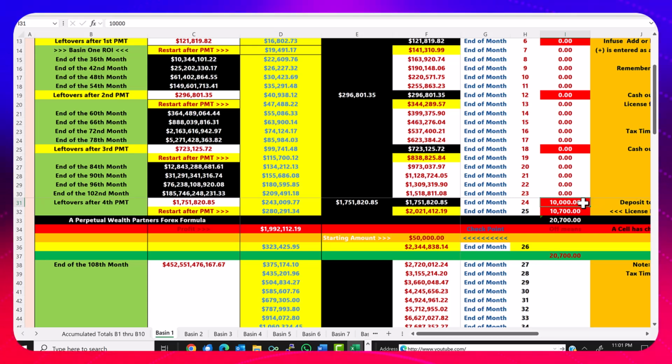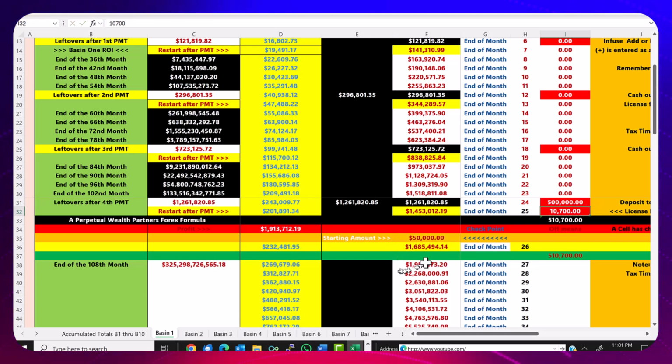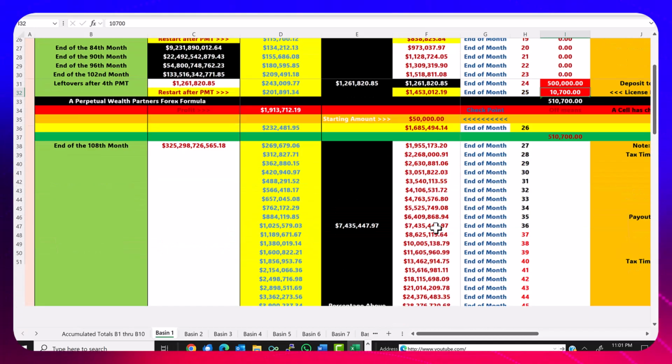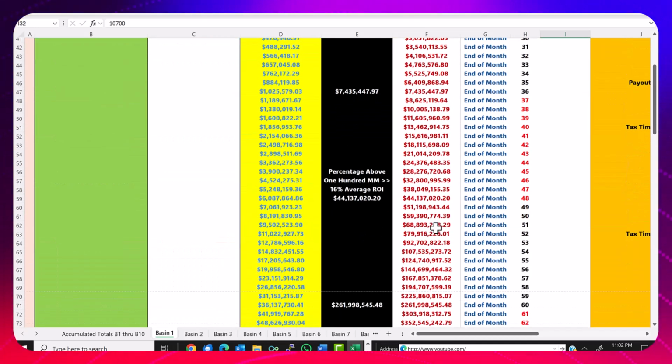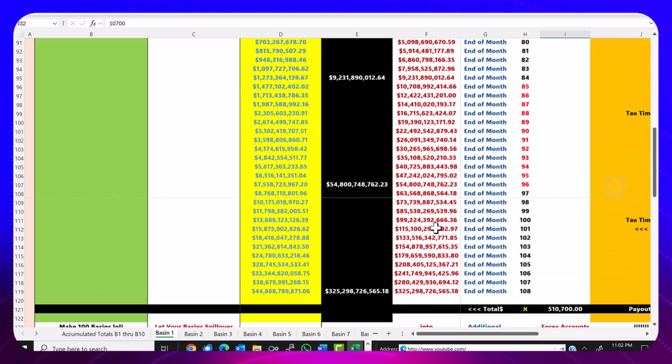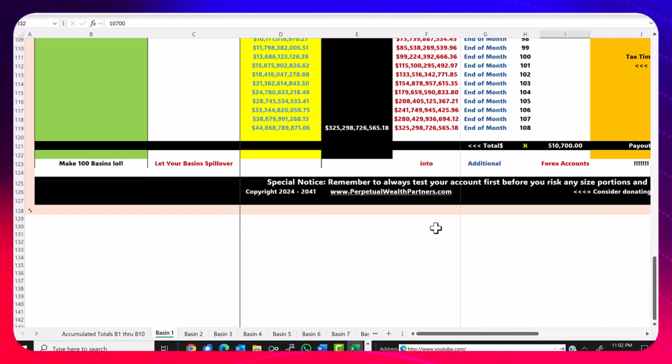So let's say we just put 500,000 in, and our license cost us 10,700. So here we go. We took 500,000 out, but look down here. Don't even go that high.